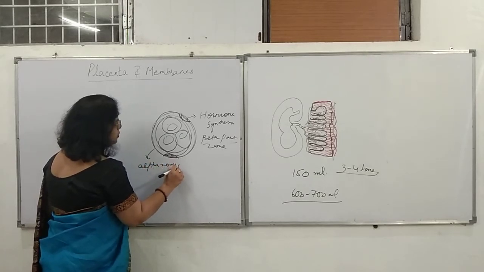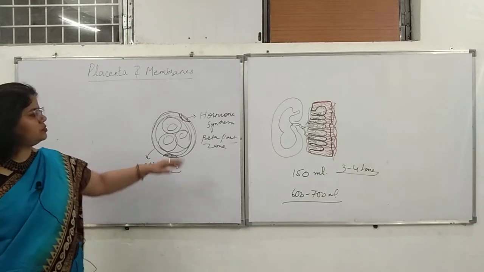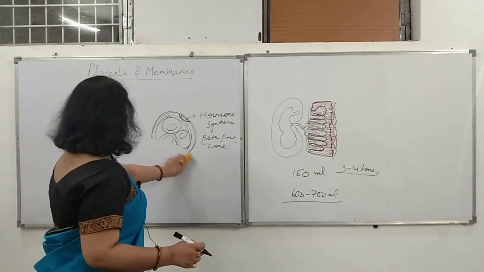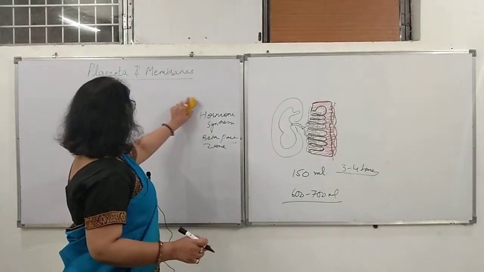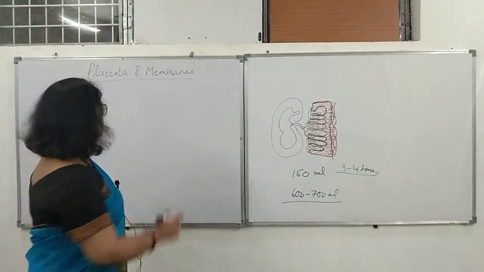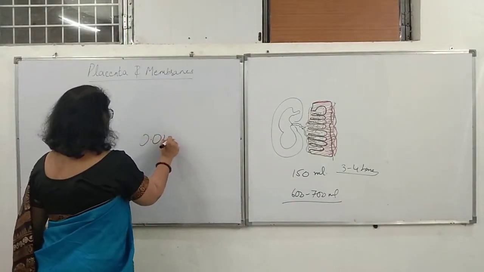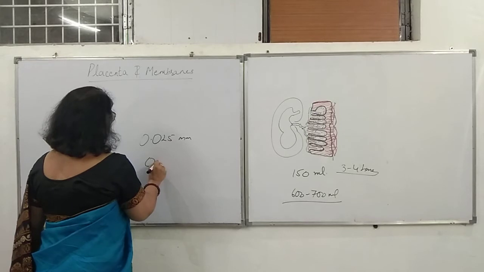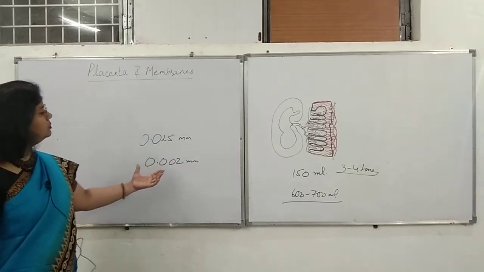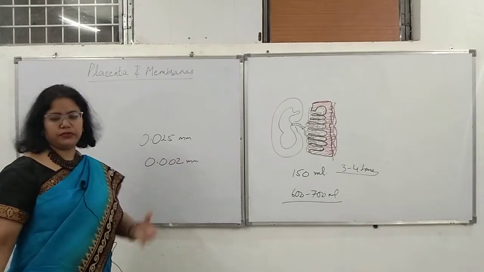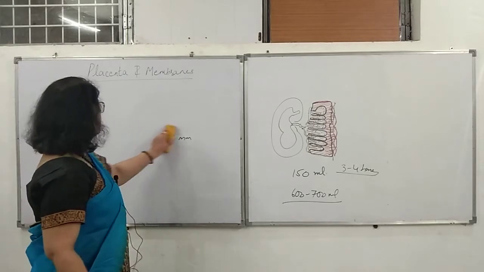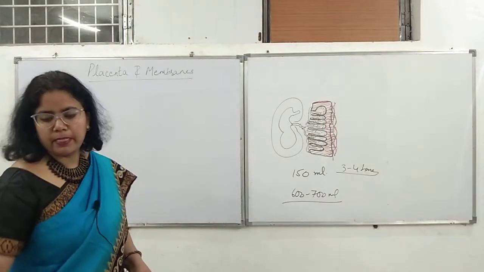So alpha zones are for nutrition and beta zones are for hormone synthesis. Near term, this becomes very thin, reduced from 0.025 millimeter to only 0.002 millimeter. So you can understand how thin the barrier is between the maternal and fetal blood, but there is no direct exchange.